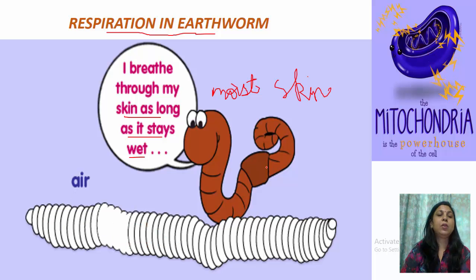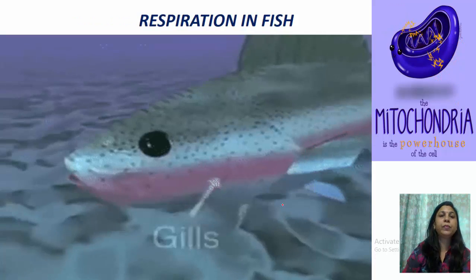And once the oxygen enters the body of the earthworm, it reaches the cell, and there it oxidizes the food which is already present in the cell of the organism, and energy is released.